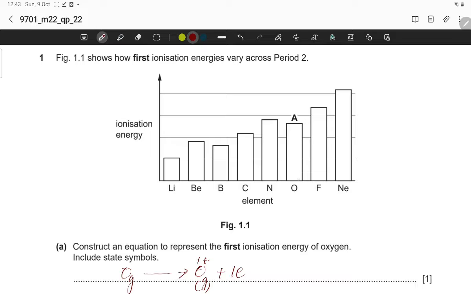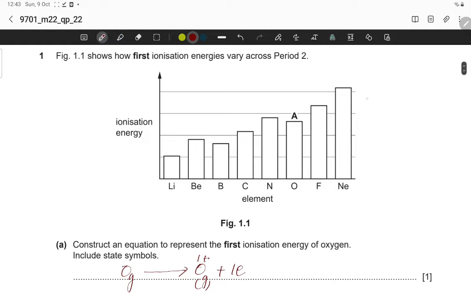So the ionization energy of oxygen is less than the ionization energy of nitrogen, because oxygen has the electronic configuration 1s2, 2s2, 2p4, while nitrogen is 1s2, 2s2, 2p3.